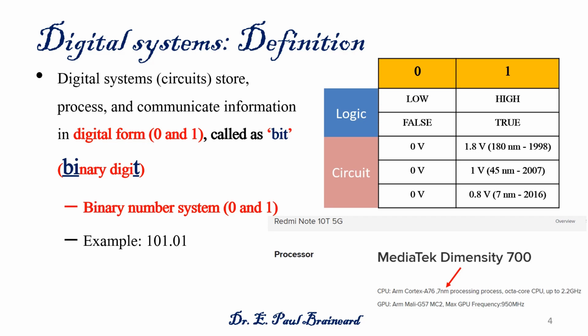Similarly, 1 volt for 45 nanometer technology and 0.8 volts for 7 nanometer technology. 0 represents ground potential and 1 represents a high voltage, and it can be 0.8 volts, 1 volt or 1.8 volts, etc.